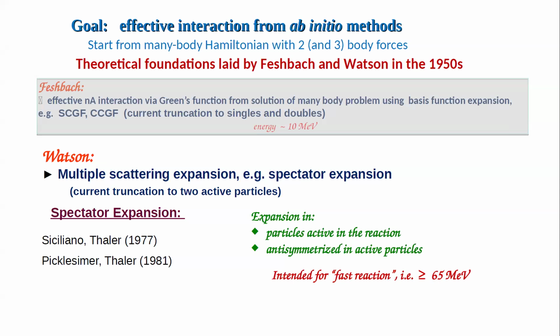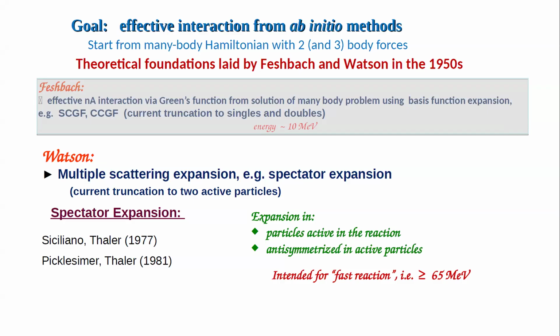The other approach is the multiple scattering expansion, for example, the spectator expansion. Watson started it in the 50s. It was then formulated more crisply by Siciliano and Thaler and Pickelsheimer and Thaler.